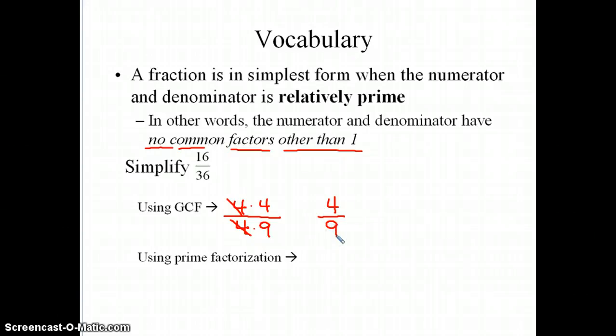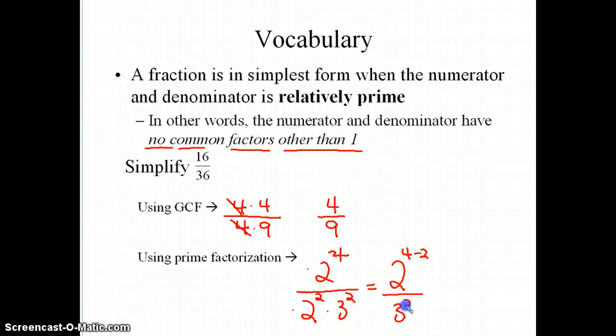If I was to do this using prime factorization, 16 is 2 to the 4th over 2 squared times 3 squared. Using the prime factorization and the rules of exponents, I have the same base here, so I subtract my exponents, 4 minus 2, so I have 2 to the 4 minus 2 over 3 squared.